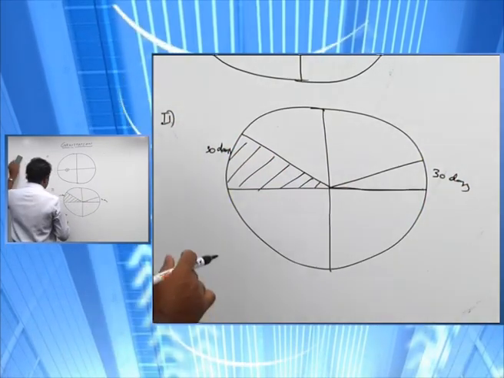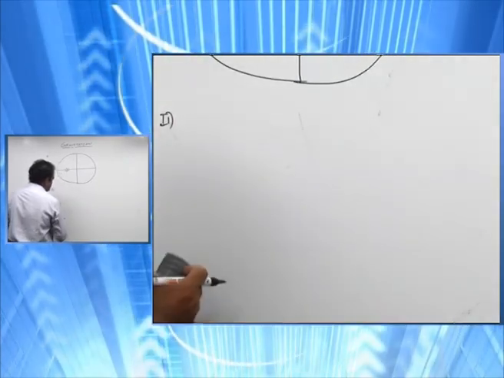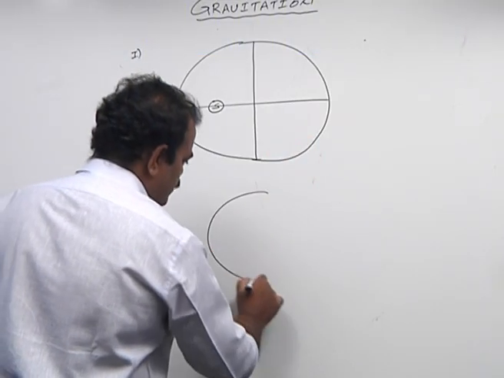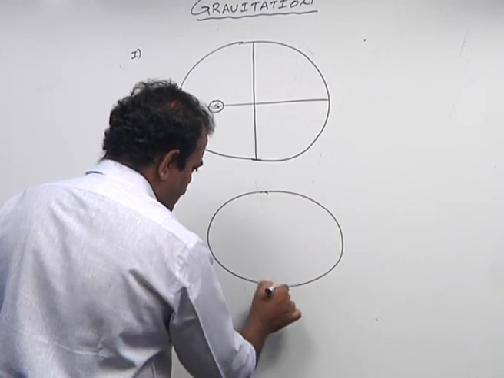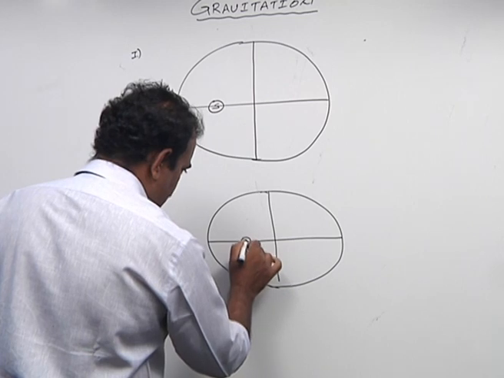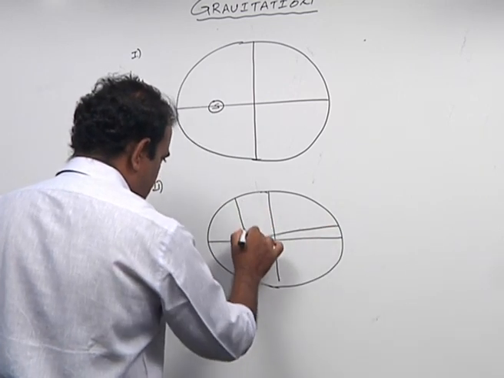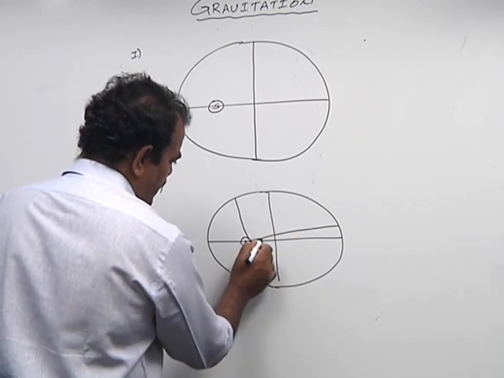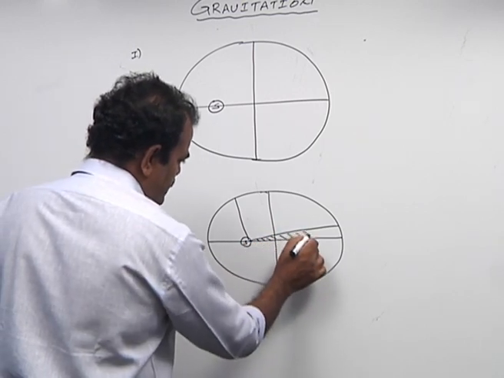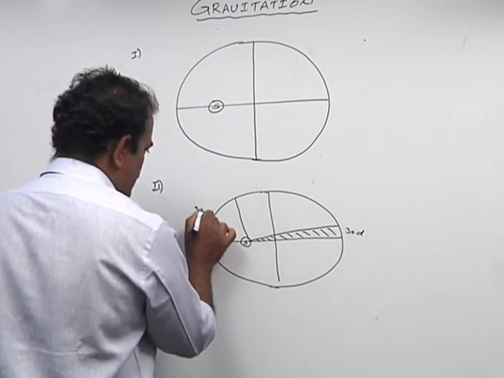Here we just have to correct that figure. The line joining the sun and the planet should be taken like this, because that distance is to be taken from the sun. So the sun is to be taken here, and this is the area to be taken, and here it is 30 days, and thereafter it is also 30 days.